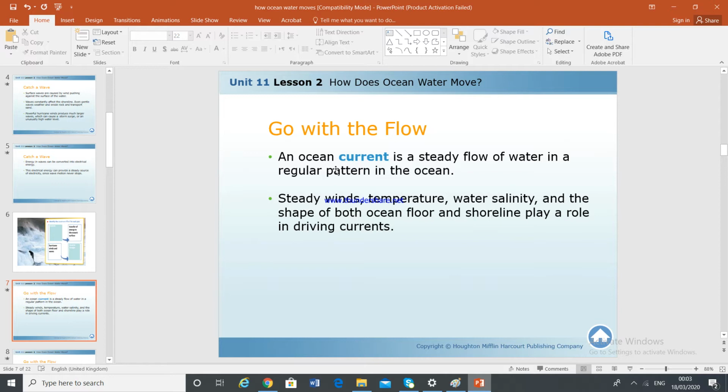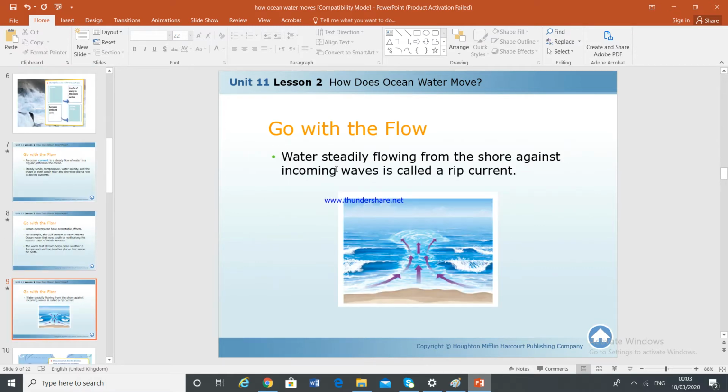Once again, waves, surface waves, storm surge, how it is changed into electrical energy, currents, and now about rip currents. A rip current is in the opposite direction. It is water flowing from the shore against incoming waves.